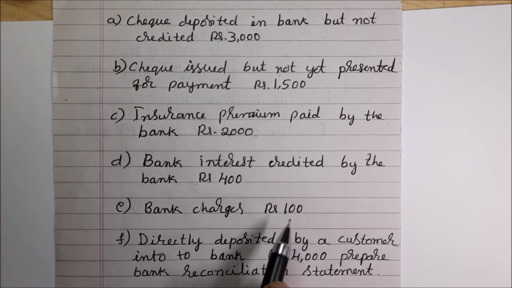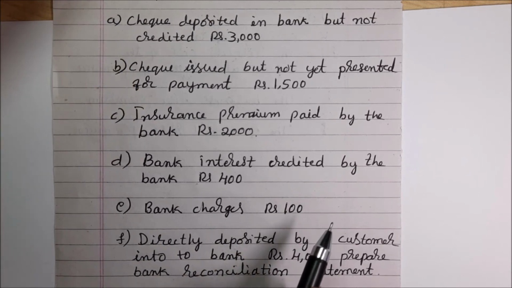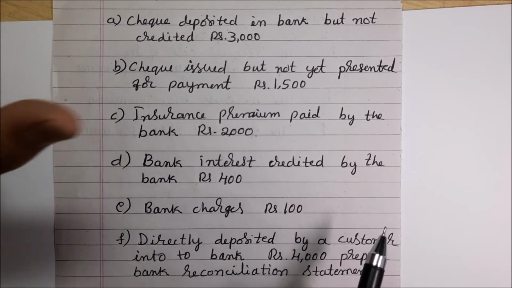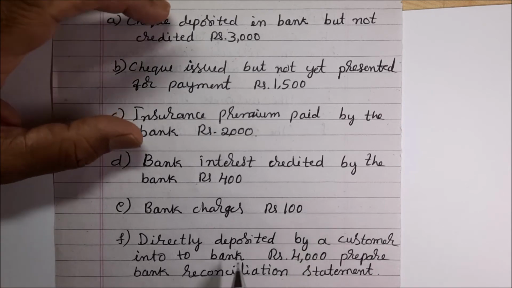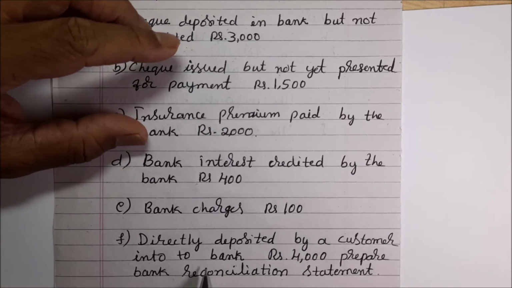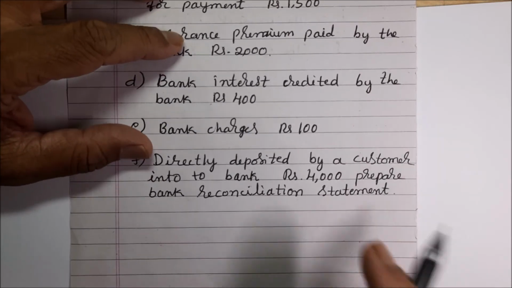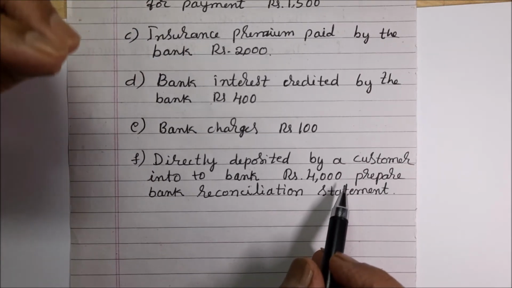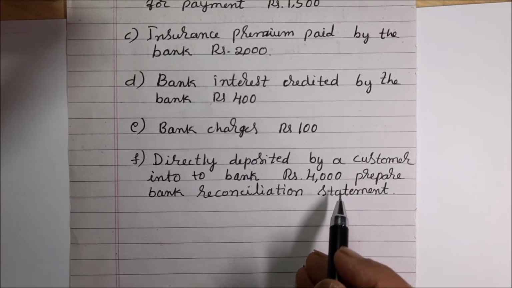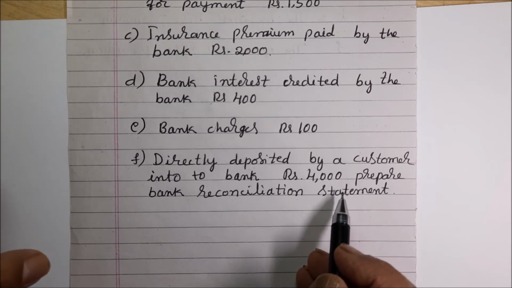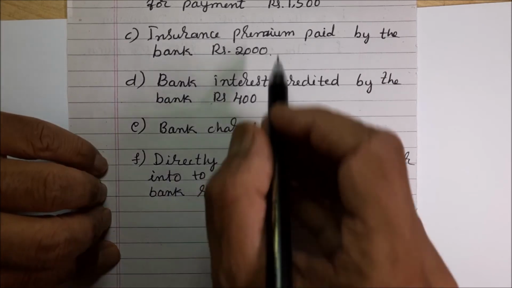You have taken some services from the bank, and for that they charge. When they charge, my amount is automatically reduced, correct? Directly deposited by a customer into the bank, rupees 4,000. When a customer deposits the amount directly to the bank, my account balance increases, right? So I have given you a few transactions.